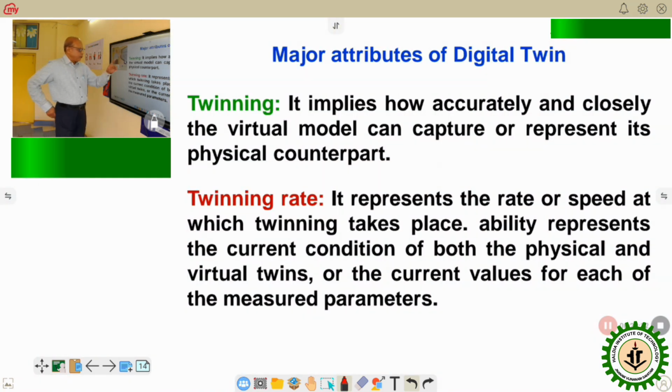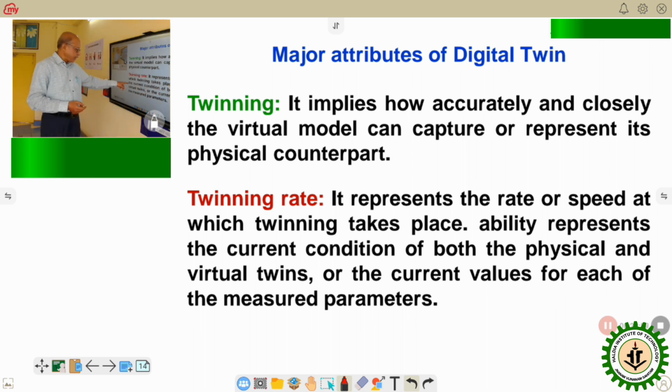Twinning, as I told, implies how accurately and closely the virtual model can capture or represent its physical counterpart. And twinning rate: because there is a continuous data flow, the frequency of the data flow, the way the virtual model is being generated, how fast, describes the twinning rate. So it represents the rate of speed at which twinning takes place.